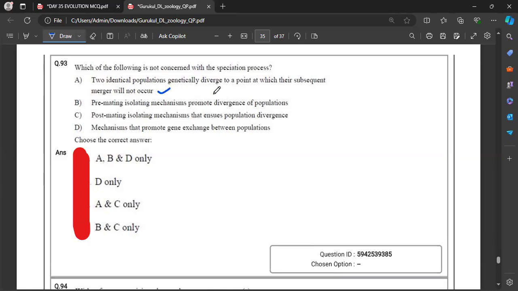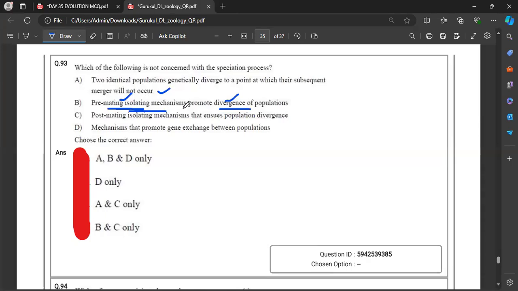Here, two identical populations genetically diverge to a point at which their subsequent merger will not occur. Pre-mating isolating mechanisms promote divergence of populations. See here, pre-mating isolation results in the divergence. That is before mating, there will be a certain isolating mechanism that results in the divergence.